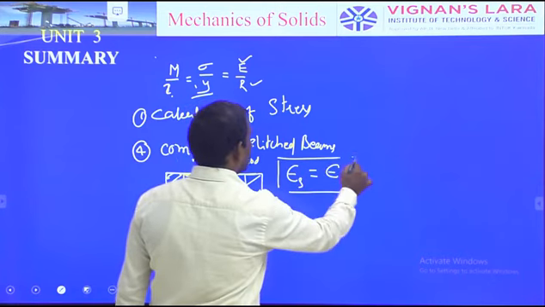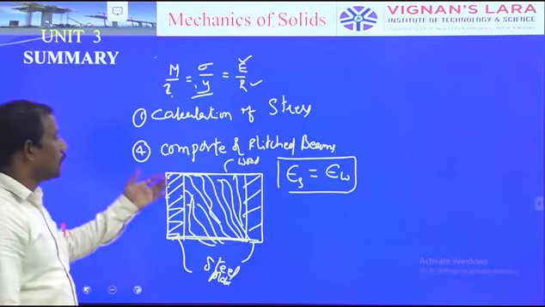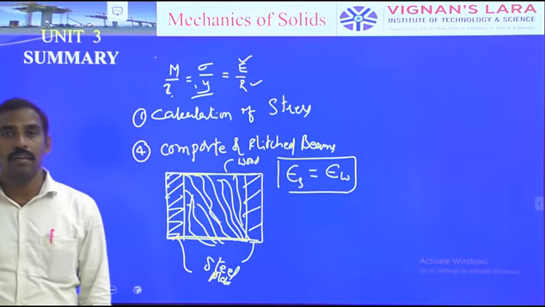It is one important condition while determining the stresses in the flitched beams, particularly a combination of two or more materials.